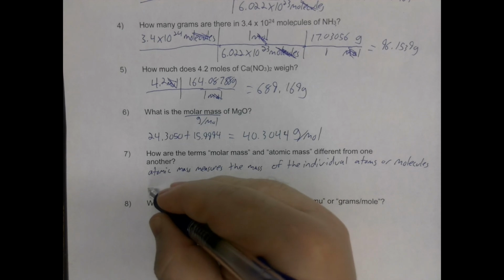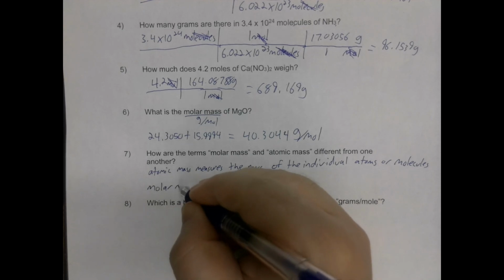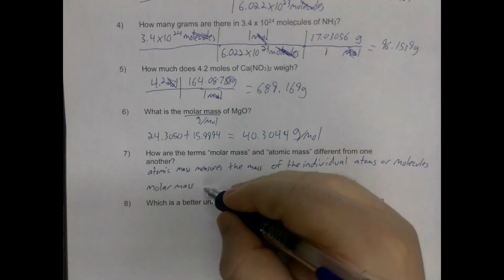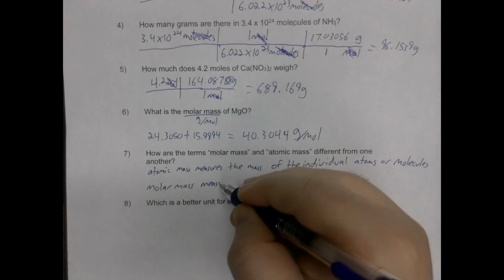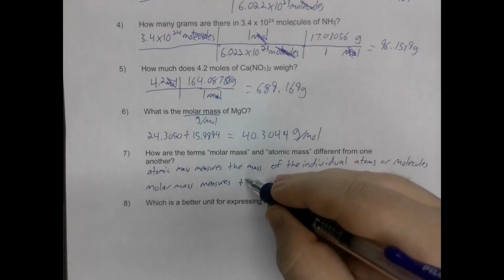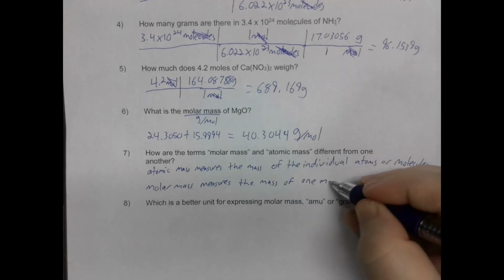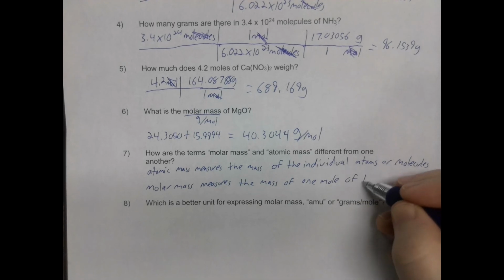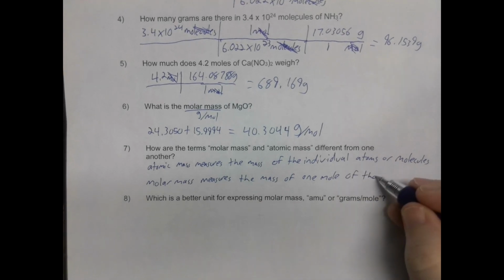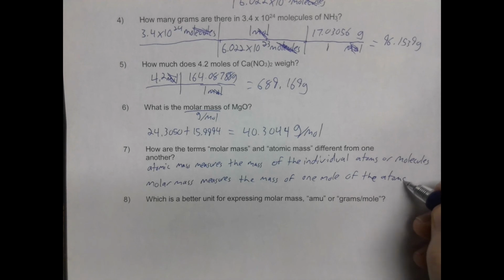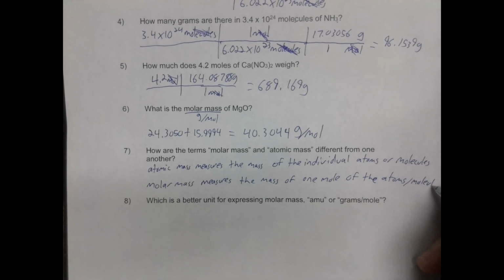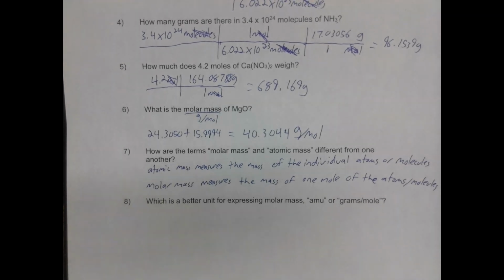When you express it in molar mass, it measures the mass of 1 mole of the atoms or molecules of the substance. So molar mass refers to the mole mass, while atomic mass refers to the atom mass.